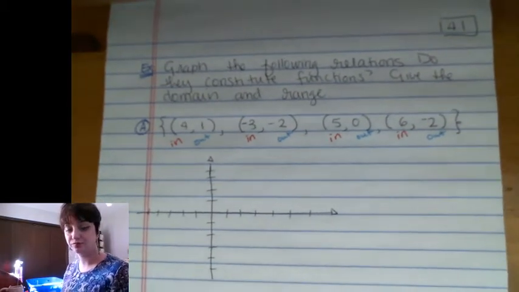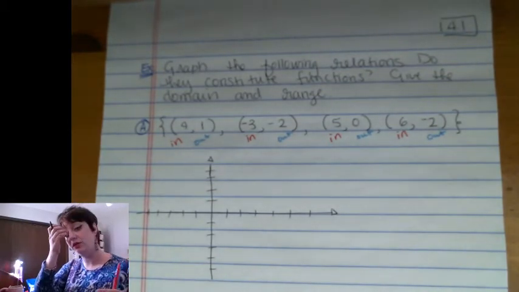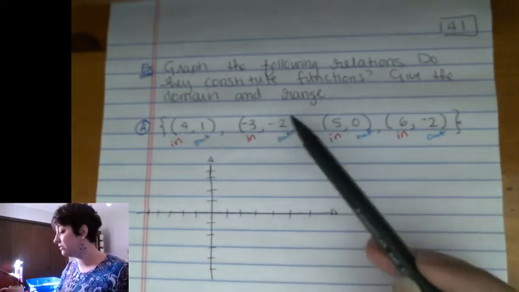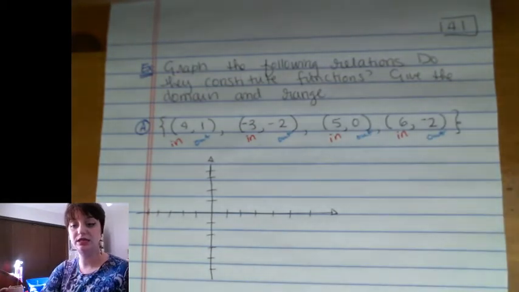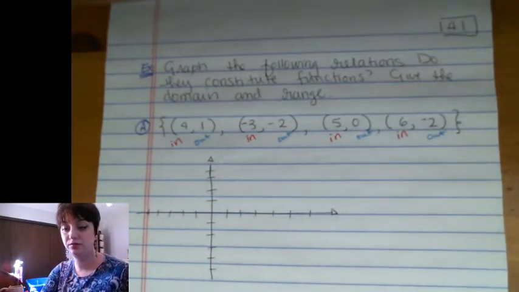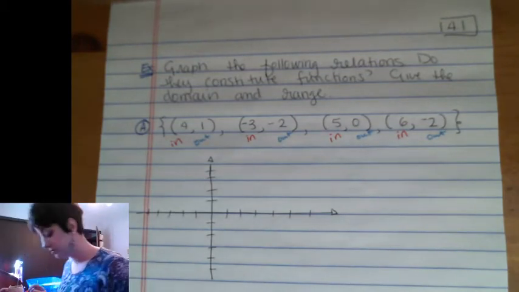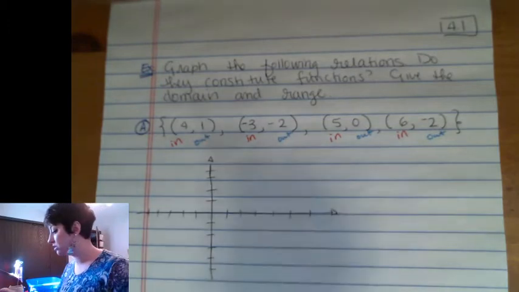All right. So this relation, I don't know what the actual rule itself is. All I know is that 4 maps to 1, -3 maps to -2, 5 maps to 0, and 6 maps to -2. Okay, so I'm going to use dark blue to graph these.